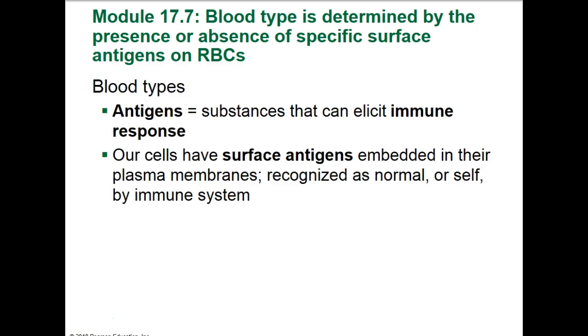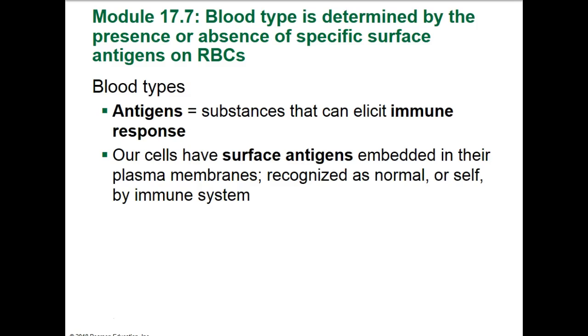Okay, now let's talk about something we did in lab the other day, which was blood typing. What enables us to blood type has to do with certain molecules that are on your blood cells, and these are called antigens, as you recall. But in general, an antigen in your system is any substance that elicits an immune response.